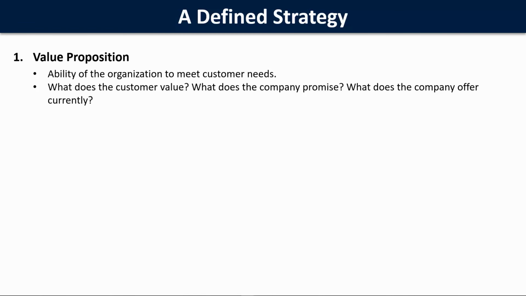And then we can examine what our communications are to each of those groups of customers. What are we promising, and then what are we actually offering based on what we have? So that's the first piece, what we're communicating to the customer.